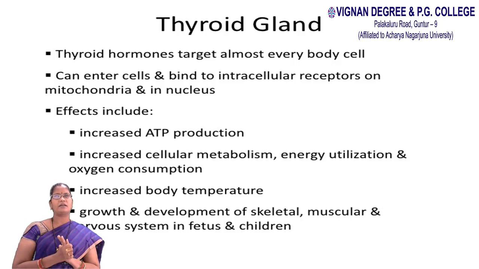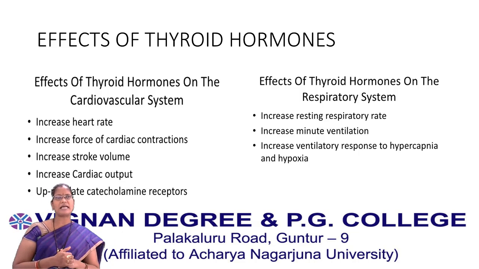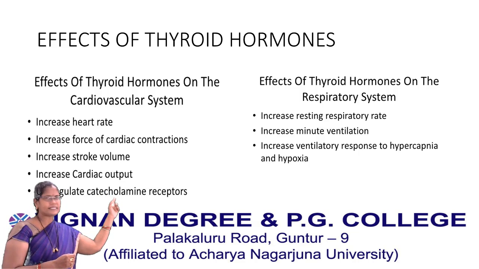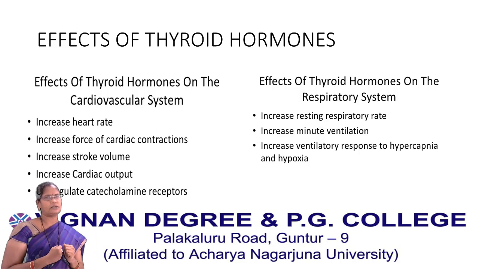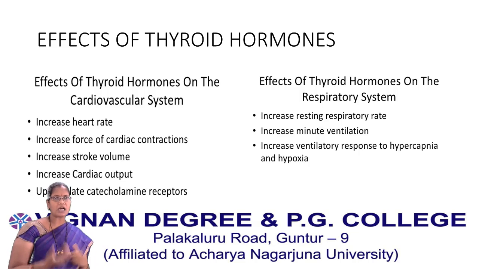So if we compare individual effects, coming to the first one, the effect of thyroid hormones on the cardiovascular system. Mainly it increases the heart rate. Next, it increases the force of cardiac contractions. It increases the stroke volume. It increases the cardiac output.